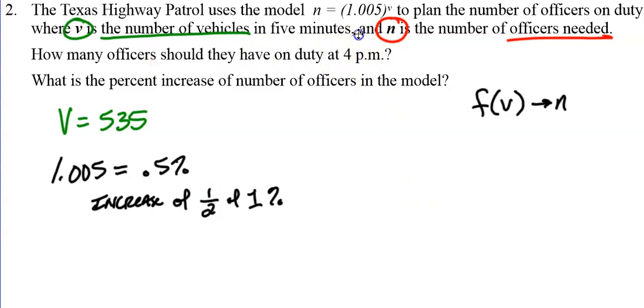So 4 p.m. And how many officers should they have on duty? This is what the equation is. f of V, the function in terms of V, is 1.005 to the 535.